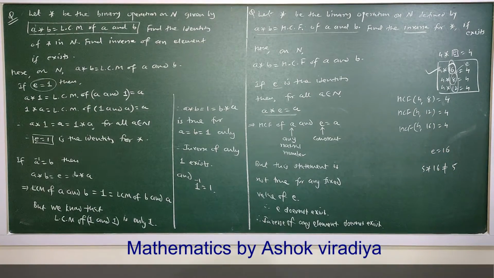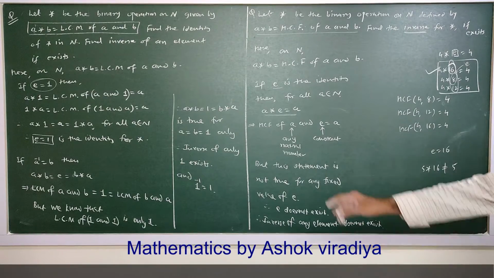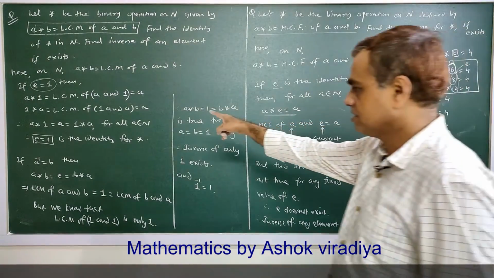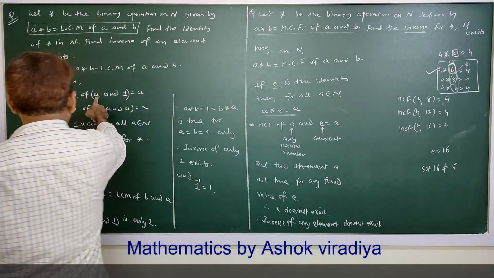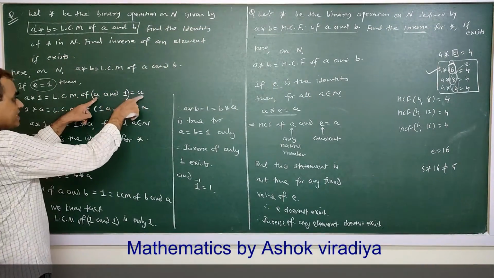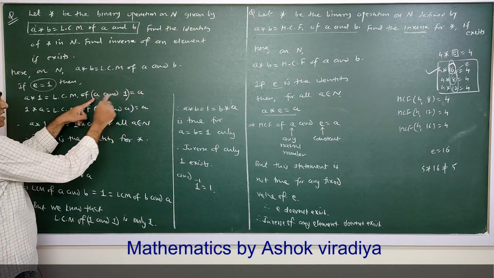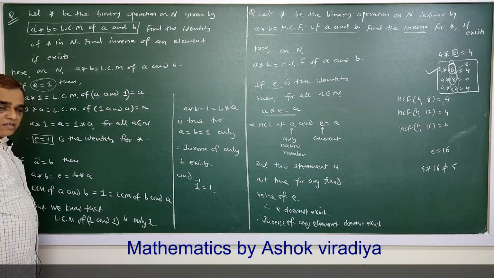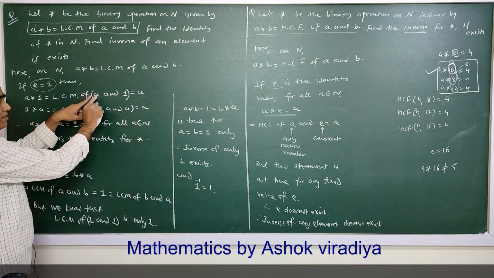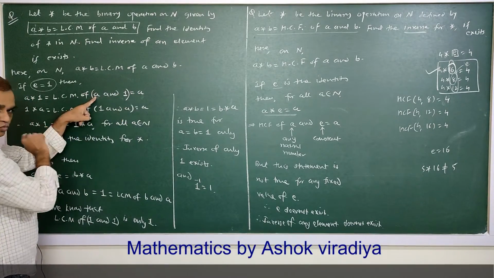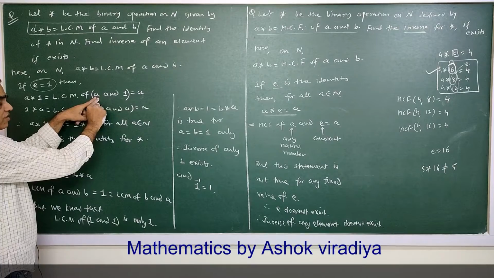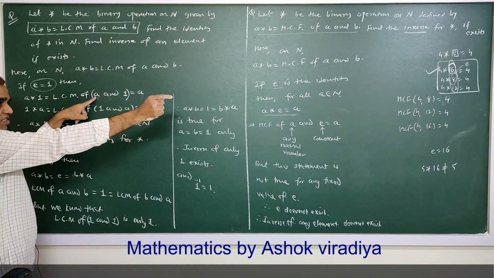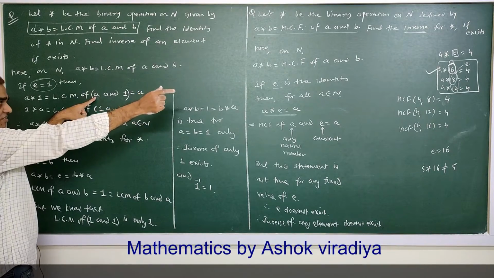E must be fixed, as it was there. See, 1 was fixed. Change any number here: LCM of 6 and 1 is 6, LCM of 7 and 1 is 7, LCM of 8 and 1 is 8. But here, sorry, for this question the word is HCF.